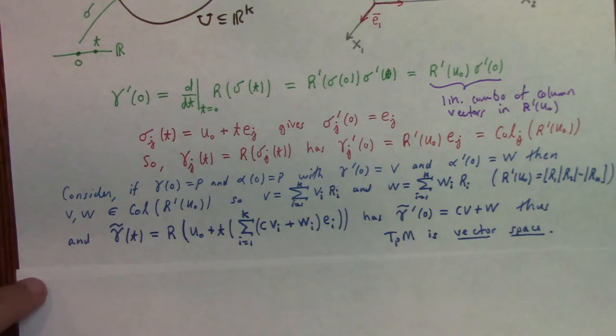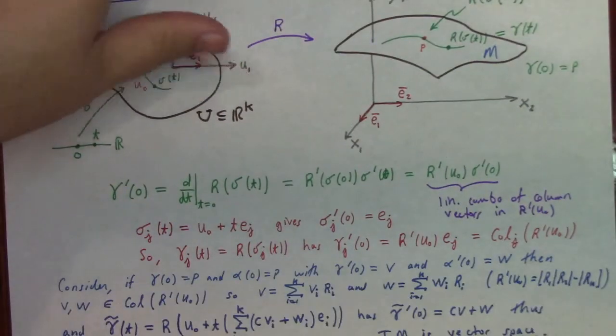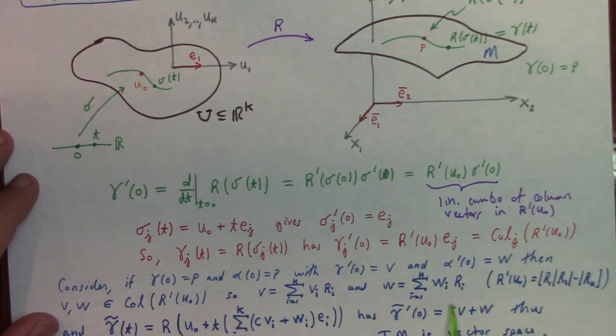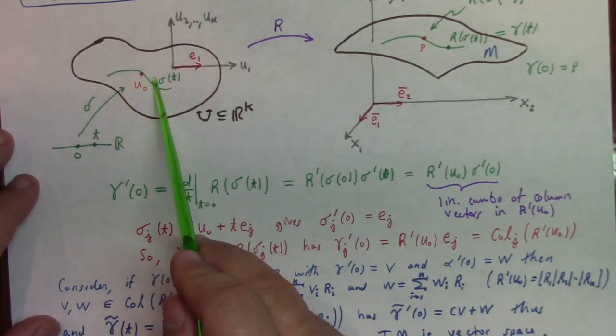Then, check it out. If I make gamma tilde the curve which is r of u naught plus t times, what do? I just take these coordinates and I build the corresponding vector down in the parameter domain. I take these vectors and I put them here, basically.